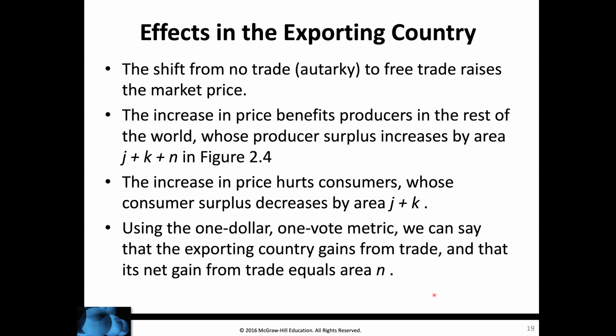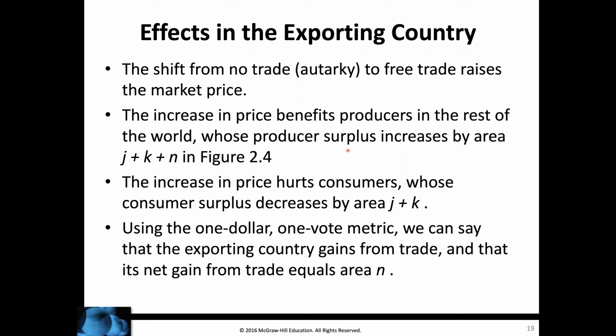The effects in the exporting country, the shift from no trade, autarky, to free trade raises the market price. For that, you'll remember it was from 700 to 1,000. The increase in price benefits producers in the rest of the world who produce the surplus.